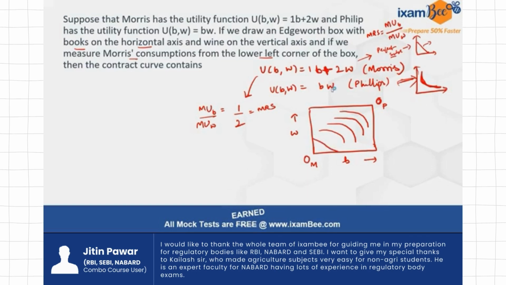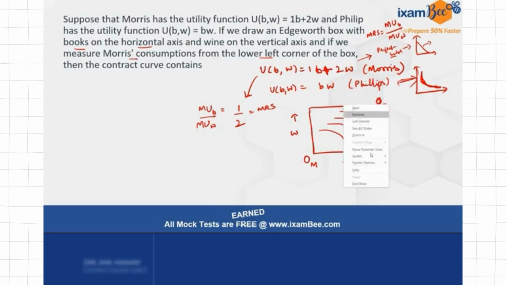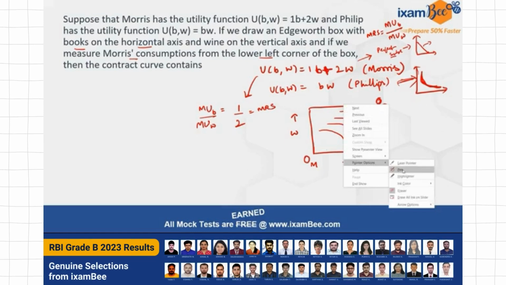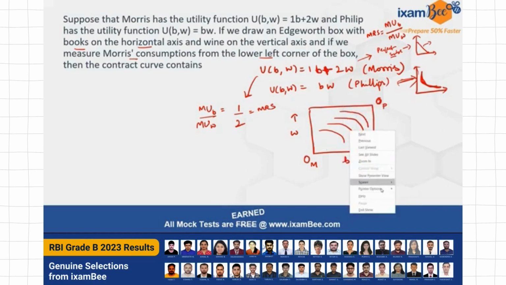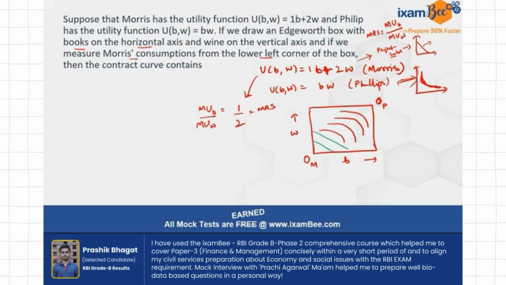Let me show you this, let me maybe draw this with a different color so it's more clearly visible to you. So this is how the ICs would be.